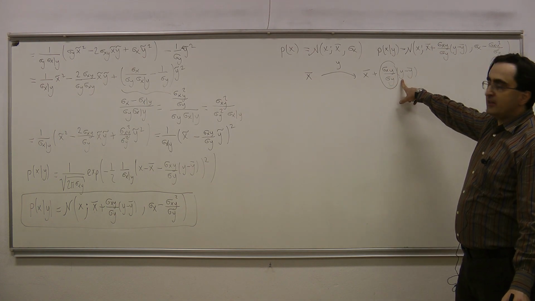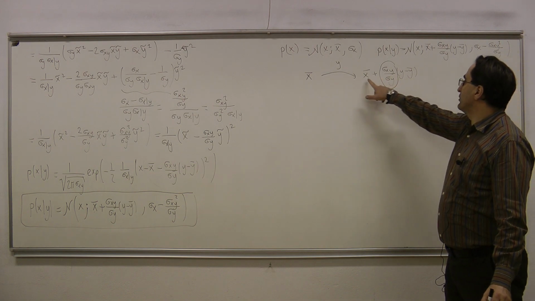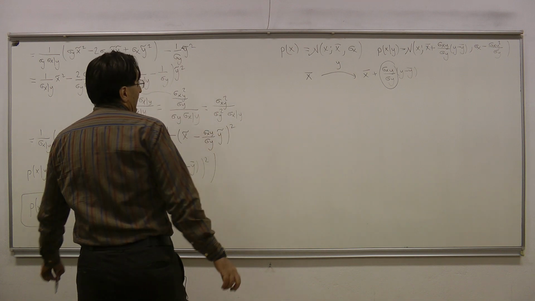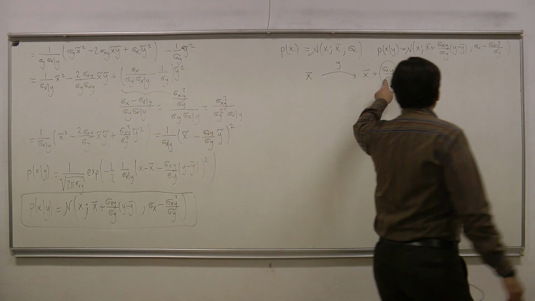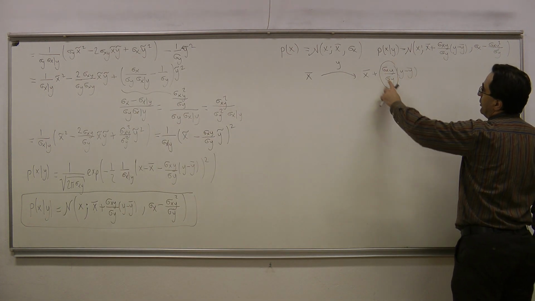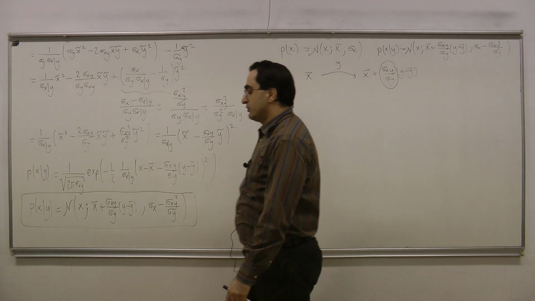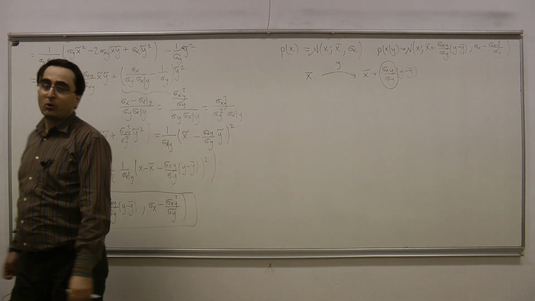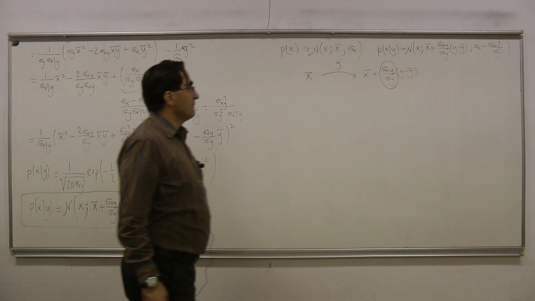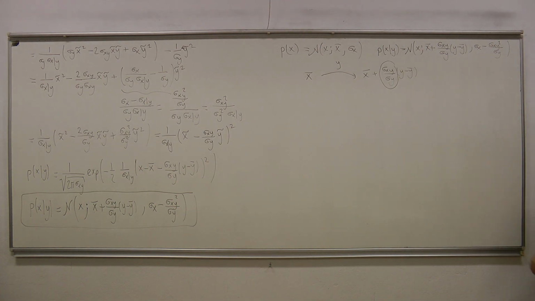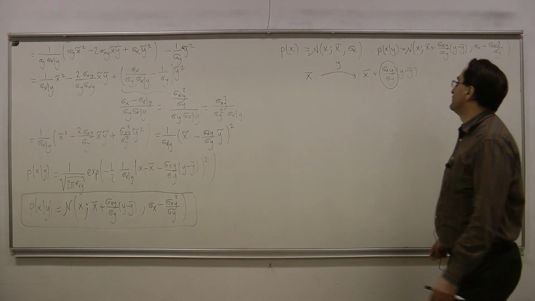When we see the value of y, we make a correction on the expected value of x, and my correction size depends on this gain. In the literature, this type of gain is actually called a Kalman gain. And these formulas are somehow the basis for a Kalman filter.